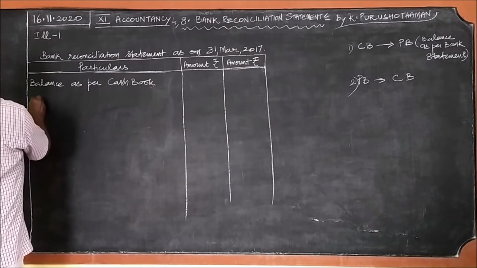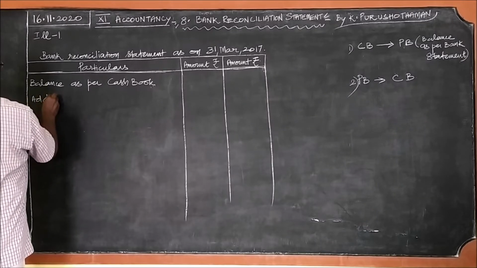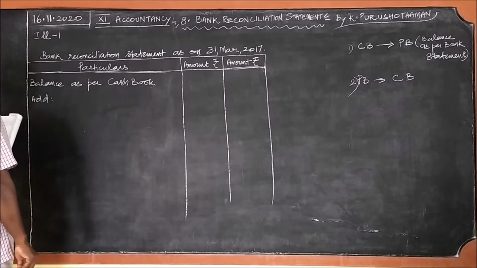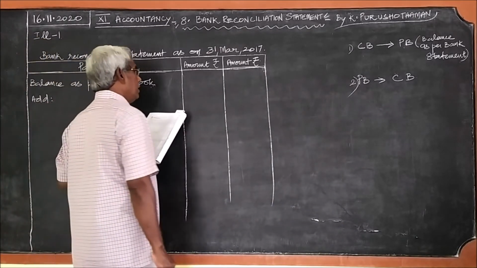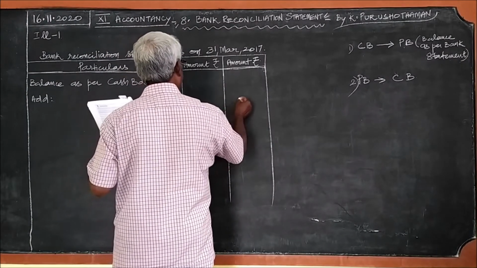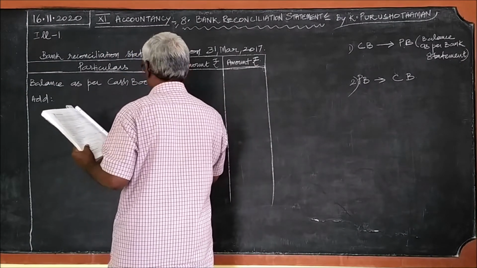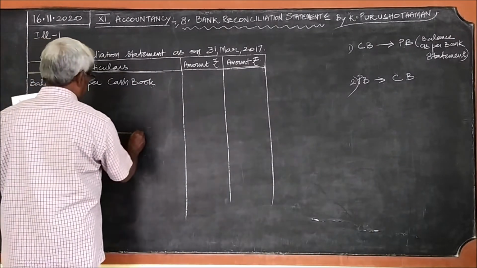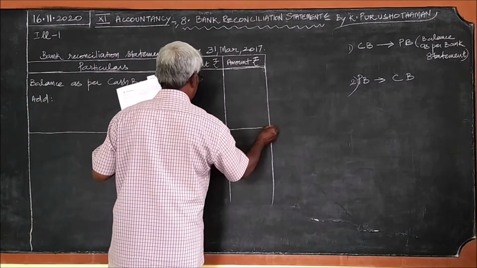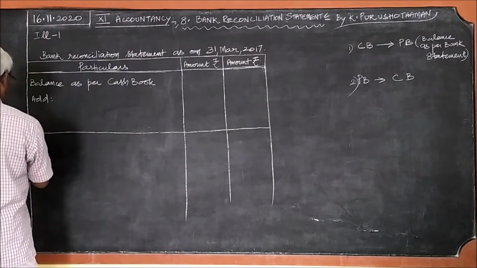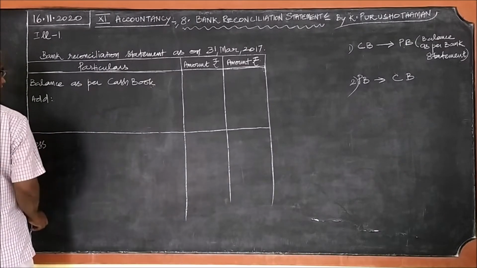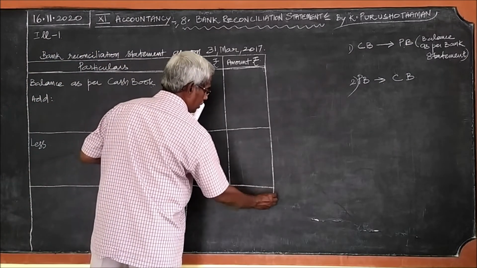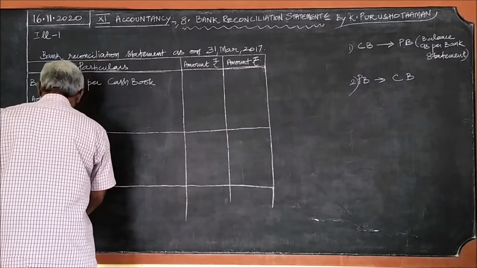So after writing this, we should add some items and find the total of this, and less some items. Later, we should go to the final answer.